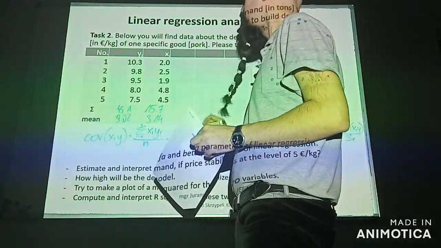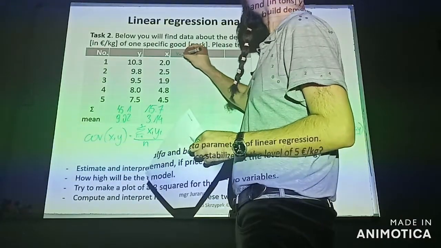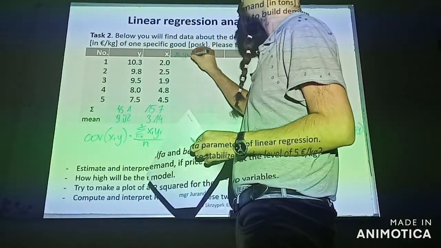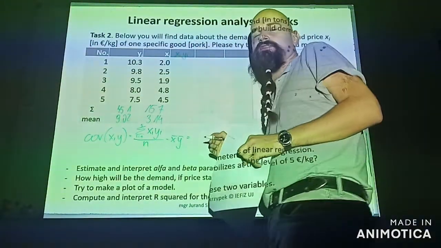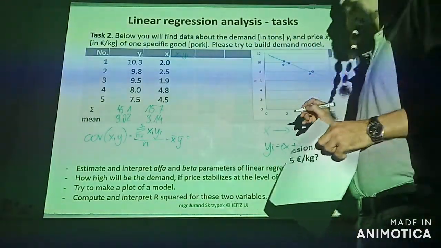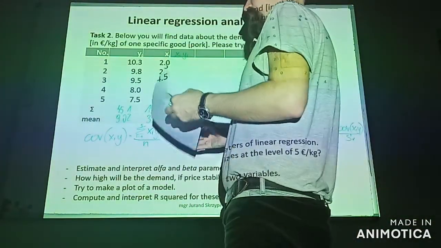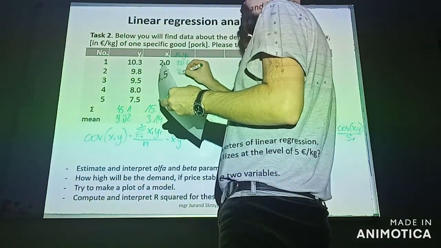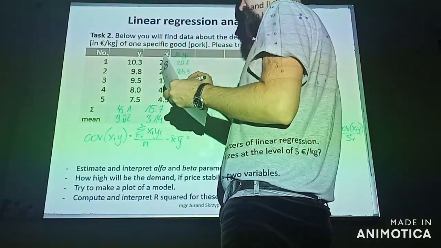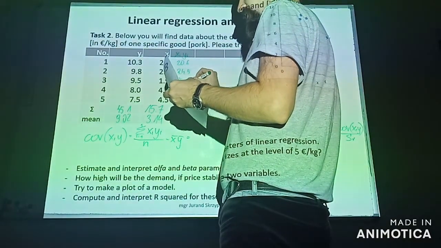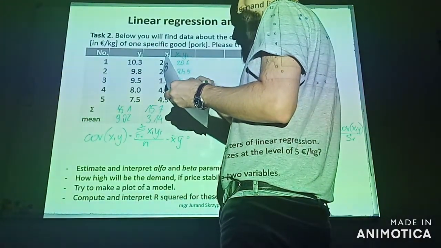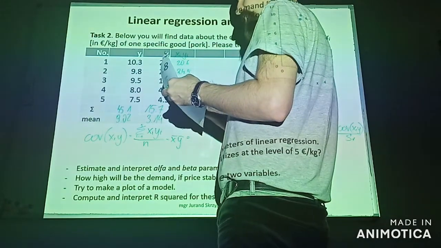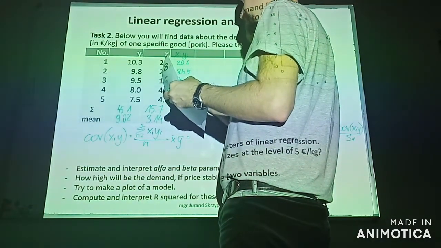And here we need the next column titled xi multiplied by yi. 10.3 by 2 is 20.6, 24.5, 18.05, 38.4, 33.75.